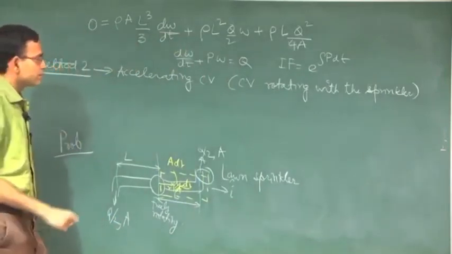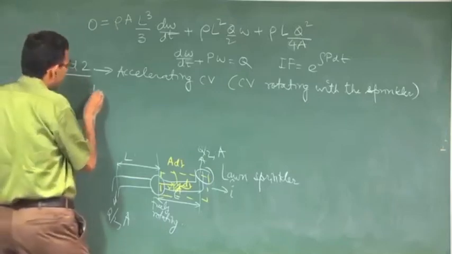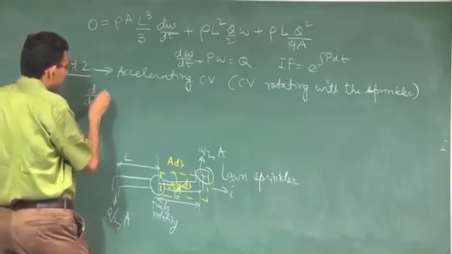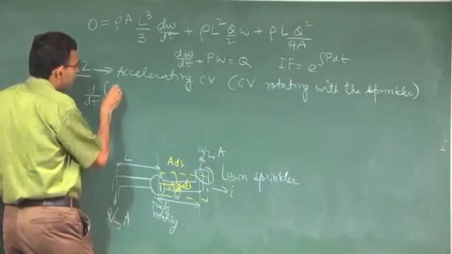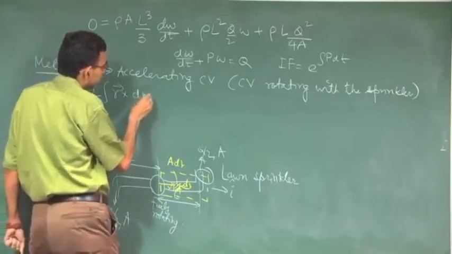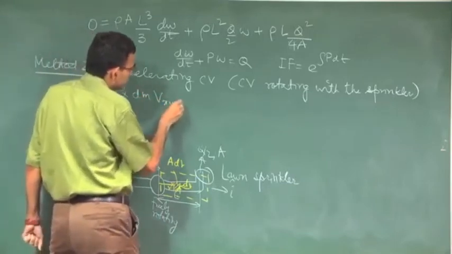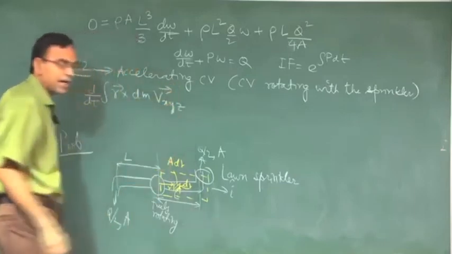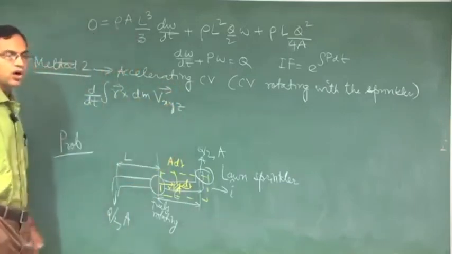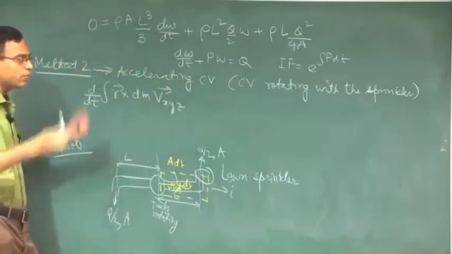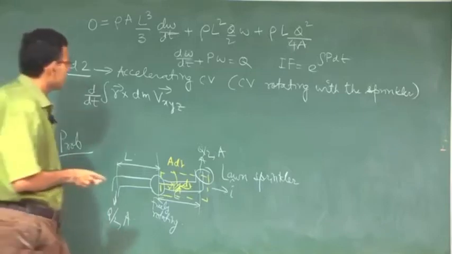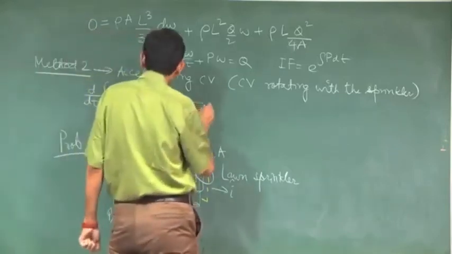So then you have the ddt of integral r cross, but this you cannot write as the net torque, or sorry, net moment of all forces.